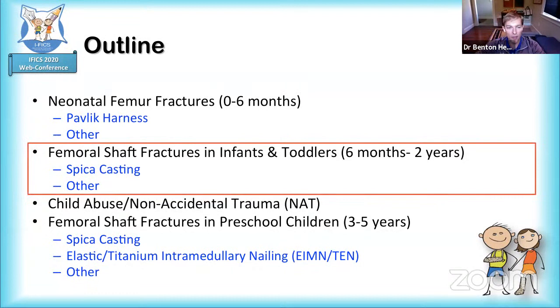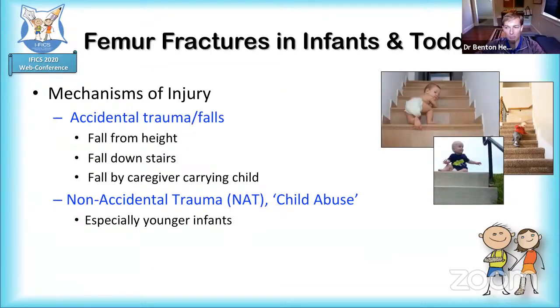So when we talk about the femoral shaft fractures in those 6 months to 2 years or so, infants and toddlers, we're usually talking about spica casting, though in that 6 to 9 month group, you might have a role for a Pavlik harness. The mechanisms of injury tend to be accidental trauma and falls, a fall from height, fall downstairs.